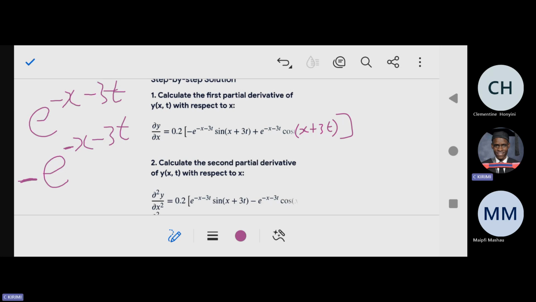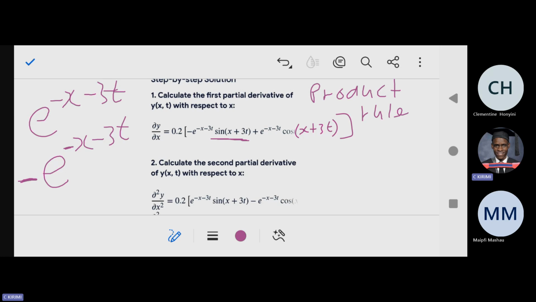We differentiated e and we kept the bracket of sine a constant. So we are using the product rule of differentiation. When you differentiate the first one, you keep the second one constant. You don't differentiate sine 3t.